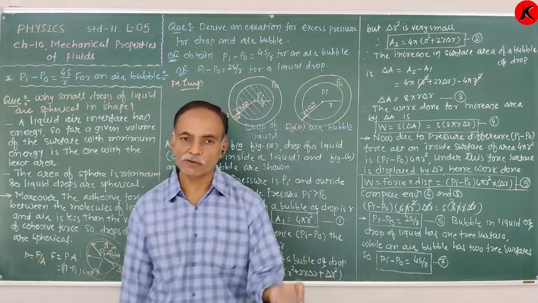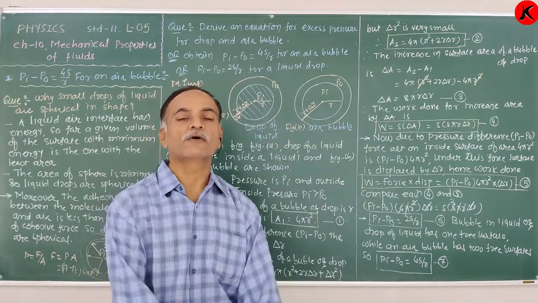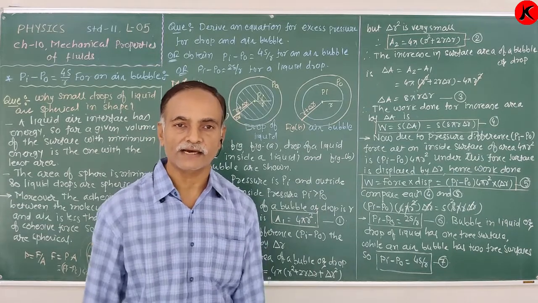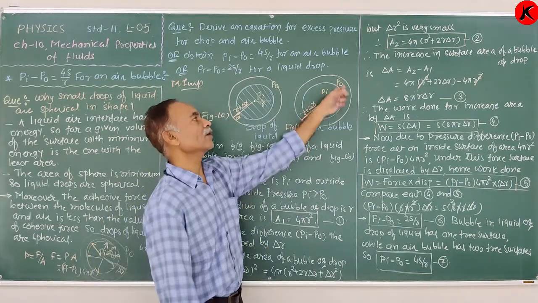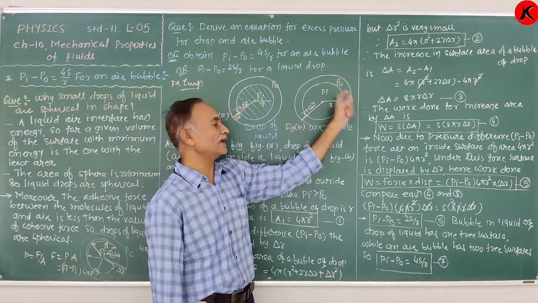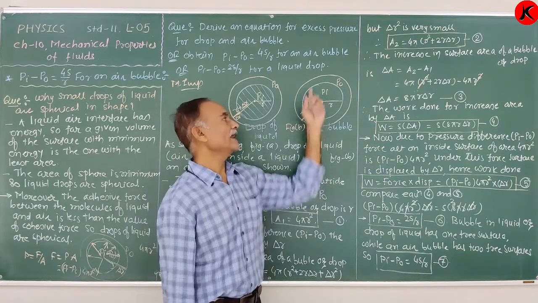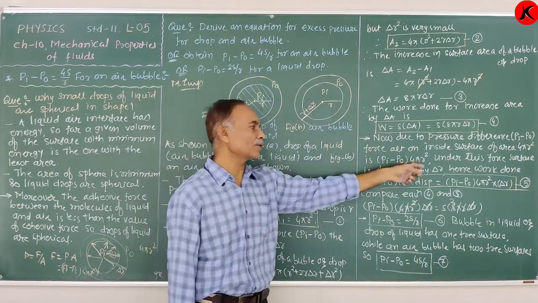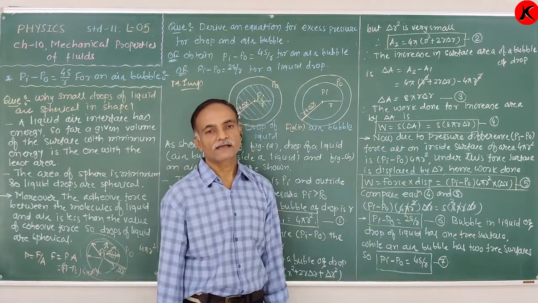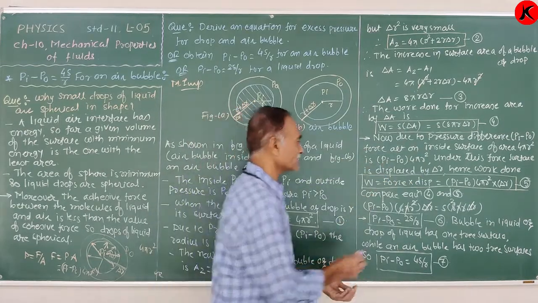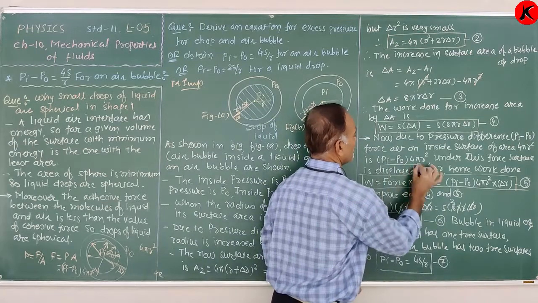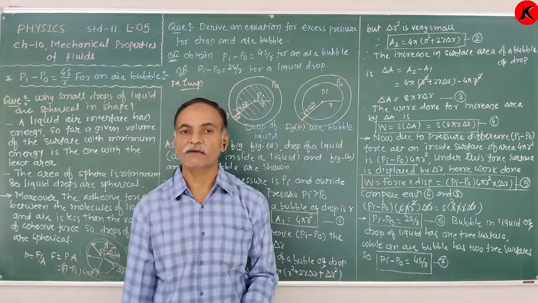Because pressure is equal to force per unit area, therefore force is equal to pressure into area. Here the pressure acting on the inside surface of the air bubble is Pi minus Po and the area of the surface is 4 pi R square. So that force acts on the inside surface of an air bubble.